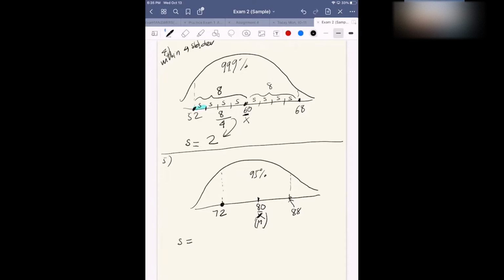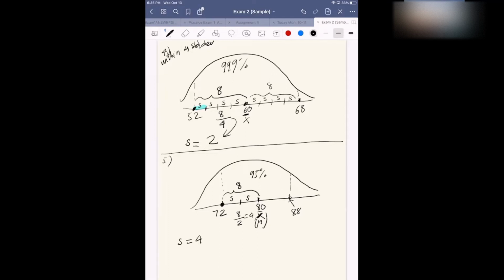It's the second case, so you have to go to the left 2 standard deviations: 1 and then 2. The distance between 72 and 80 is 8, right? To get just 1 standard deviation, you take 8 divided by 2 standard deviations, which is 4.